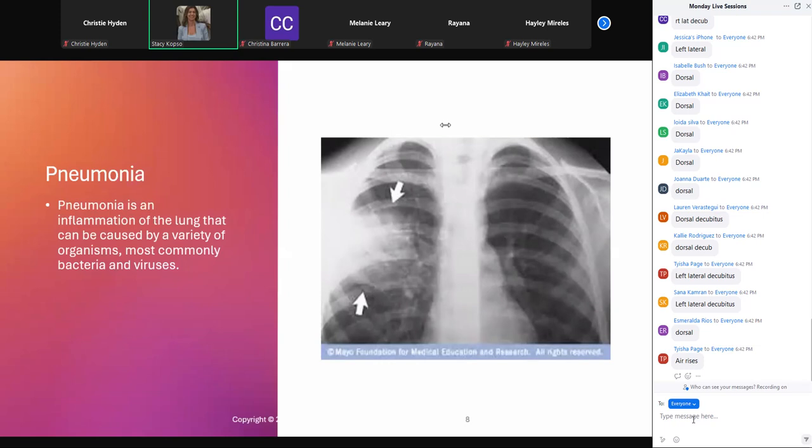What are we looking for in an upright abdomen? Yeah, we're looking to see if there's any free air, right? We want to know if there's any free air under the diaphragm, correct? What's the term for free air under the diaphragm?